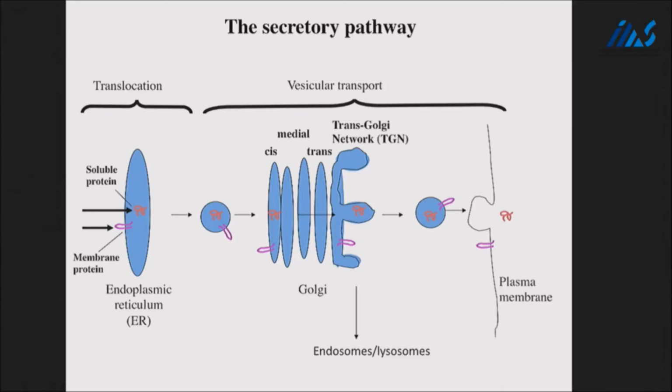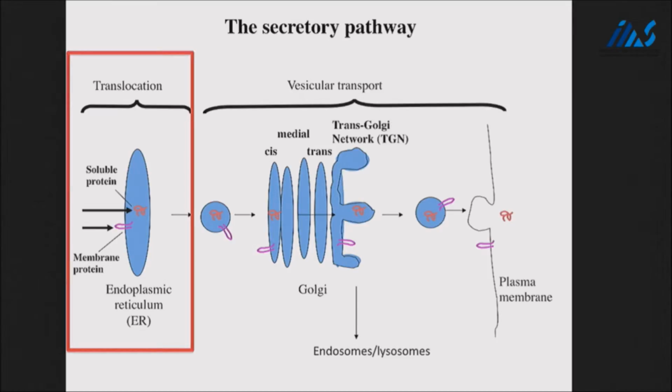Then by successive vesicular budding and fusion processes, the vesicles eventually arrive at the plasma membrane, and again the content proteins will be delivered to the outside, and the membrane proteins become membrane proteins. You also have proteins that, as I said before, stay behind in the Golgi or in the ER, or are diverted to endosomes and lysosomes. What I'm going to talk about is this very first step, the translocation step.